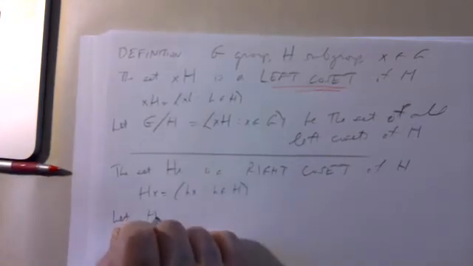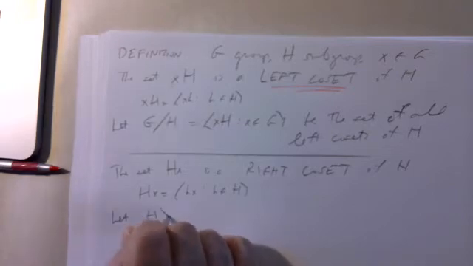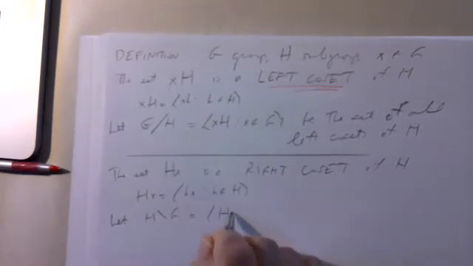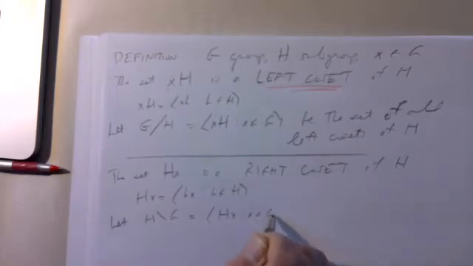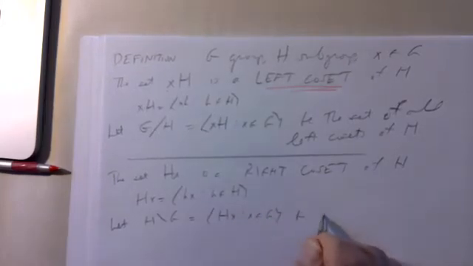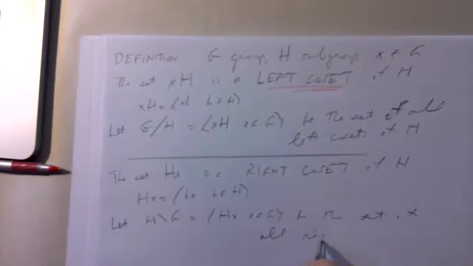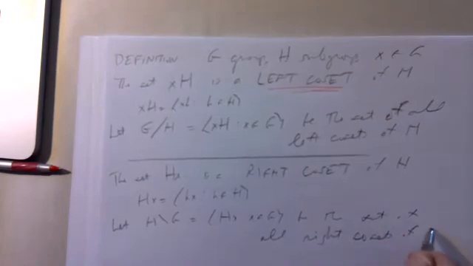And we let H\G be the set of all Hx, x in G. So this is the set of all right cosets of H.